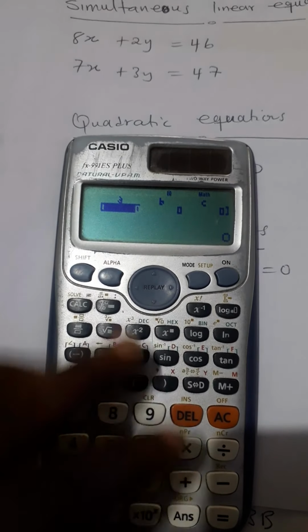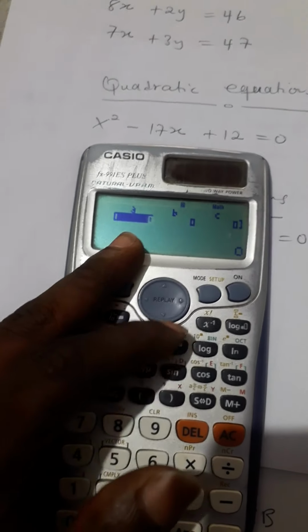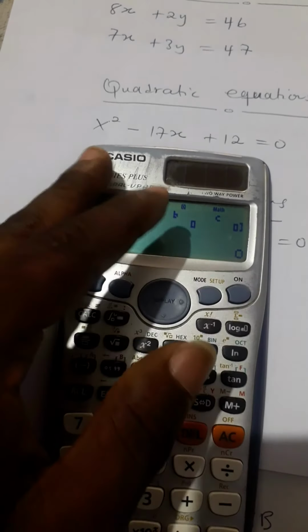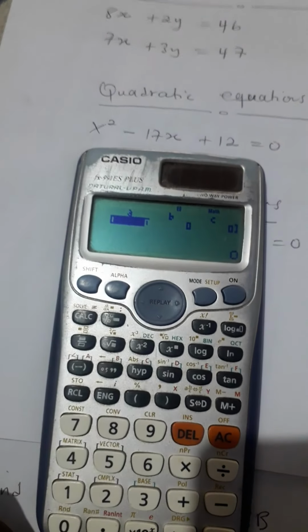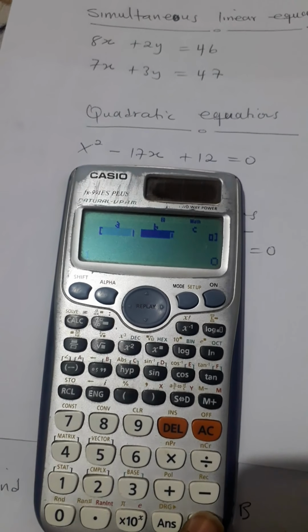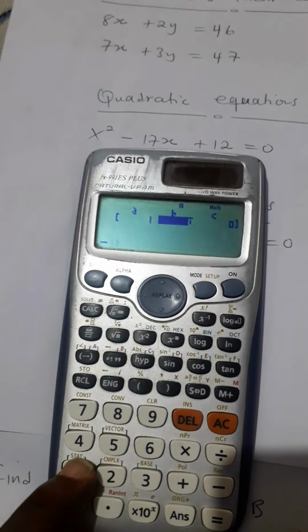Now, what is a? The quadratic equation is ax squared plus bx plus c. Our a is the coefficient of x squared, which is 1. So I press 1, then equal to, and it will enter it. Then negative 17.